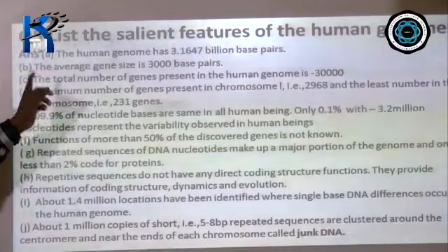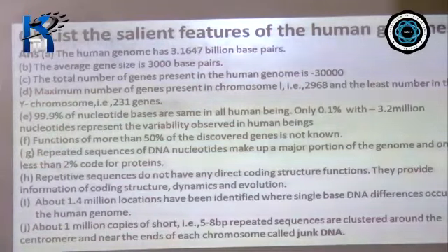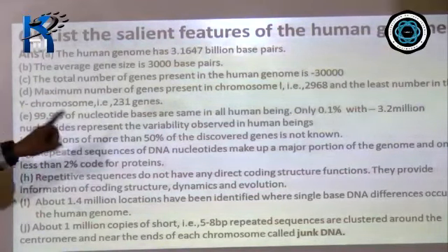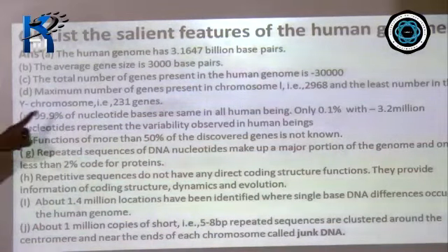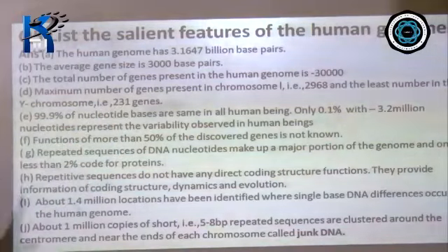So here the human genome has 3.1647 billion base pairs, average gene size is 3000 base pairs, total number of genes present in the human genome is 30,000. Then the maximum number of genes is present in chromosome 1, 2968, and the least number in the Y chromosome, 231 genes. This has been observed.